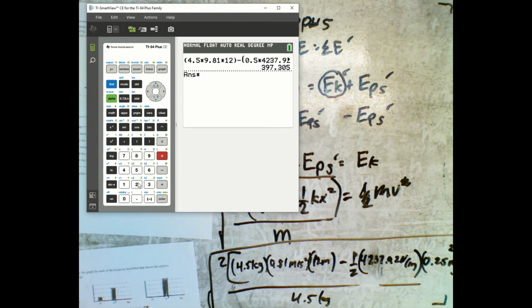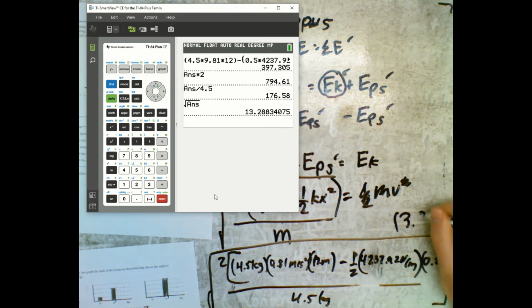And then I want to multiply that by 2, divide it by 4.5, and then square root my answer, and I get my speed to be 13.3. So 13.3 meters per second is the correct answer.